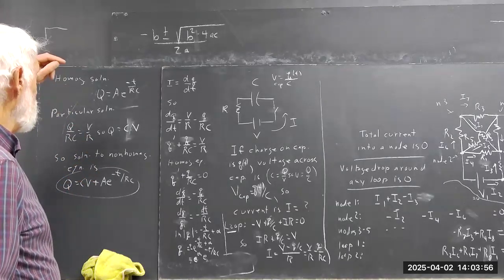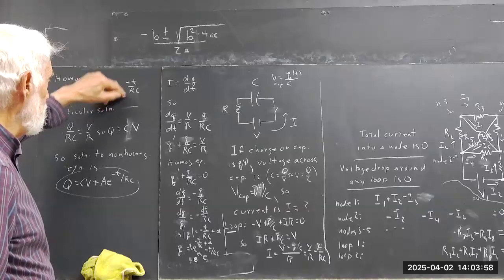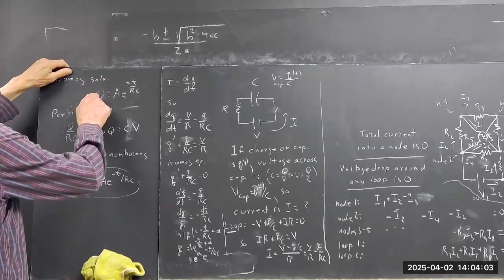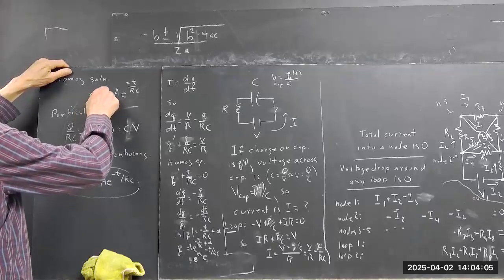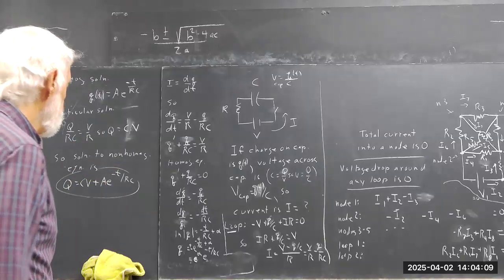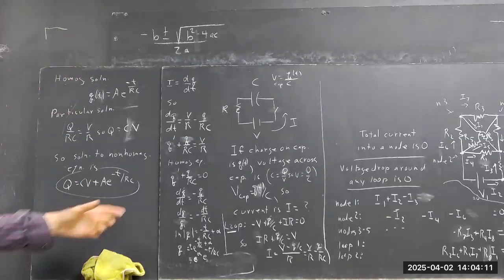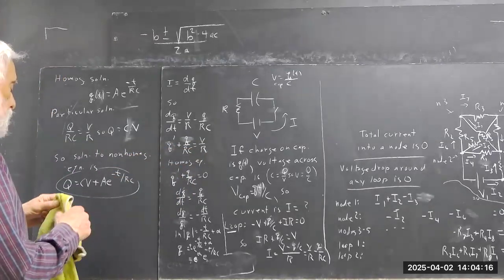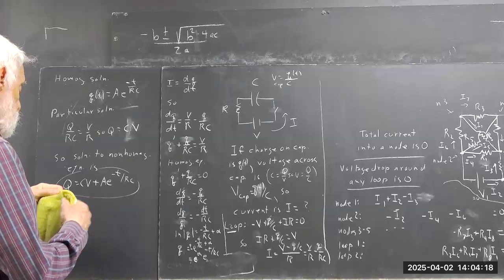So now we get the homogeneous solution, Q equals A e to the negative t over RC. That would be our Q of t, but that's the homogeneous solution. For a particular solution, that means we just have to find one solution to this equation that works, and we add it to our homogeneous solution.